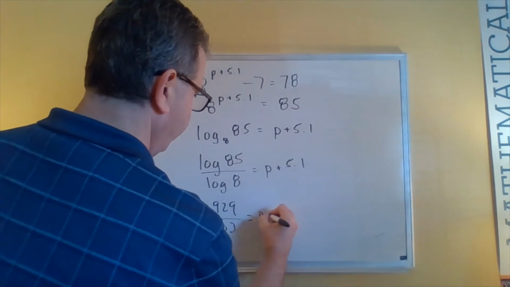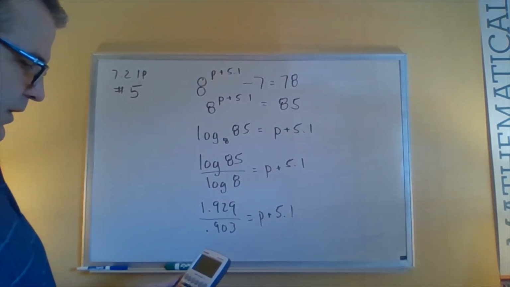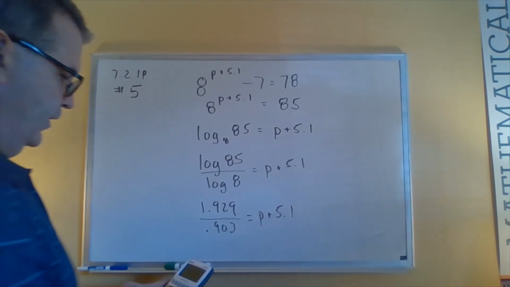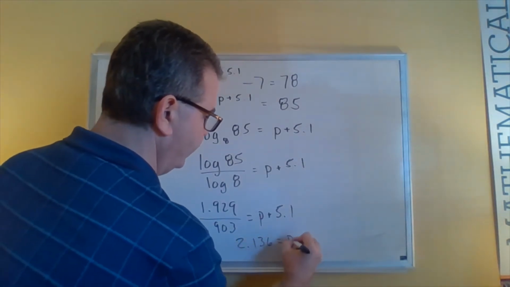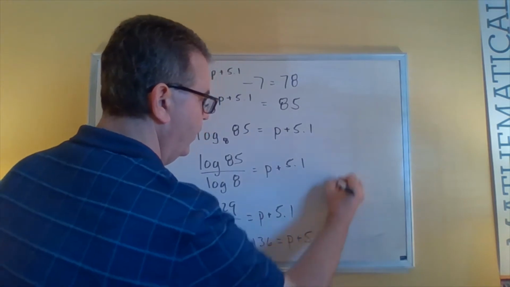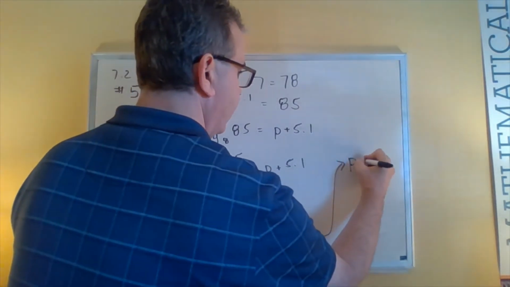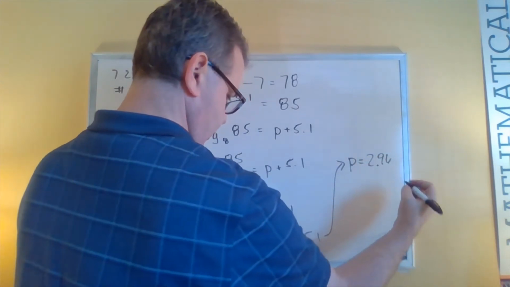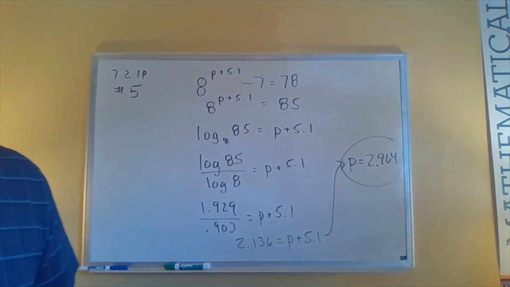And that's going to equal p plus 5.1. So 1.929 divided by 0.903 equals 2.136. So 2.136 equals p plus 5.1. I'm going to subtract 5.1 from each side, and I'll end up with p equals 2.964. And there is my answer for number 5.